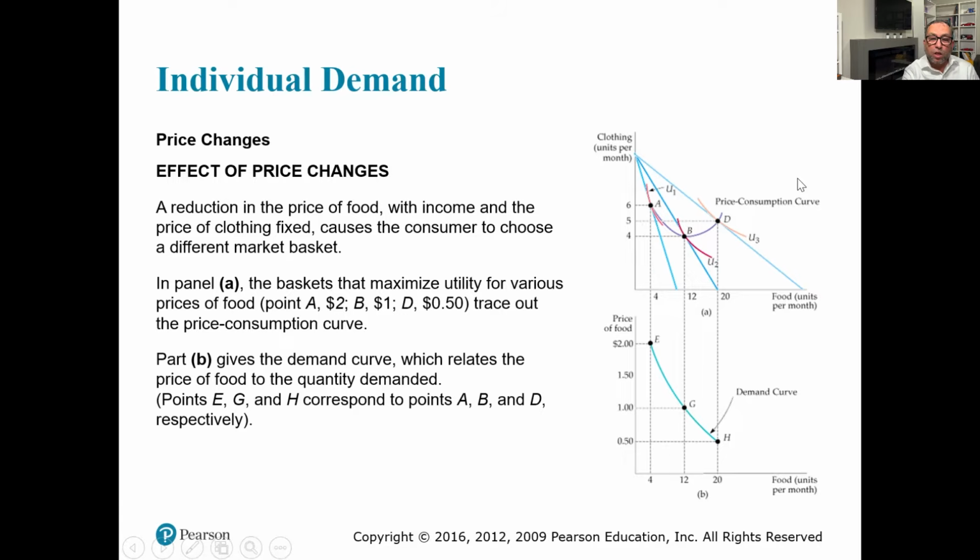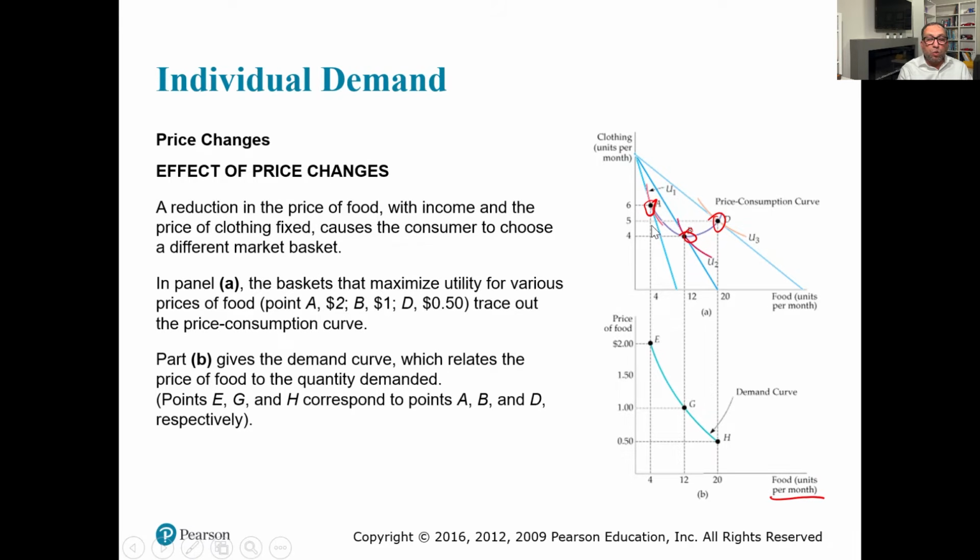We can see here at this point, this point and this point, and with respect to these we draw the demand curve. In the demand curve we plot the quantity of food on the x-axis and the price of food on the y-axis.